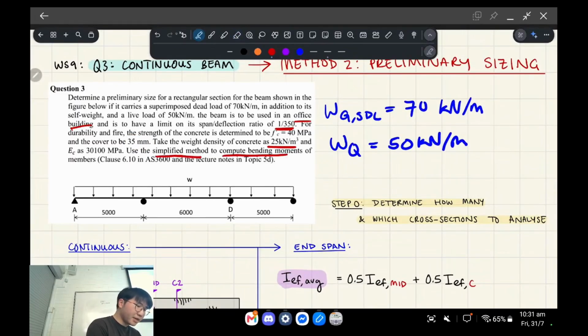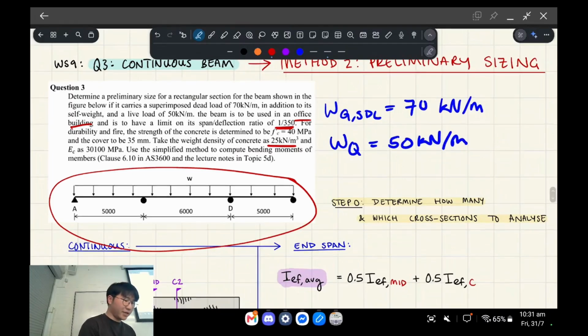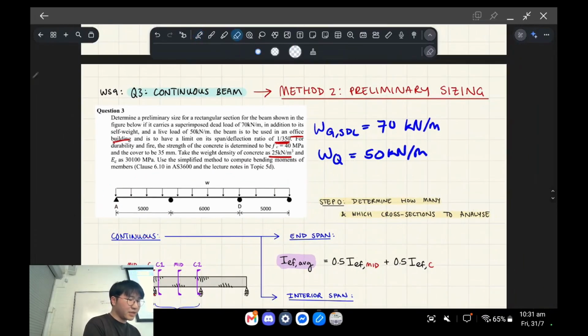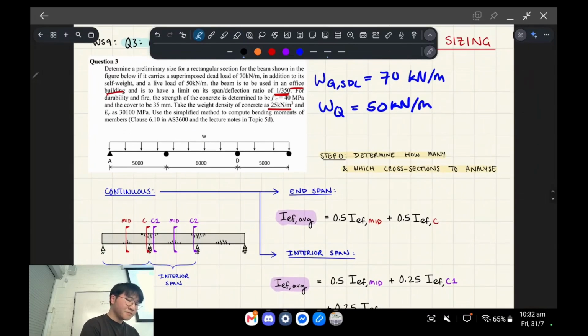So this simplified method is referring to the fact that this beam's bending moment diagram is statically indeterminate, and so we can use something called a simplified method, which is in the code, which will allow us to determine what the bending moments are, without needing to use methods from the course structural analysis.